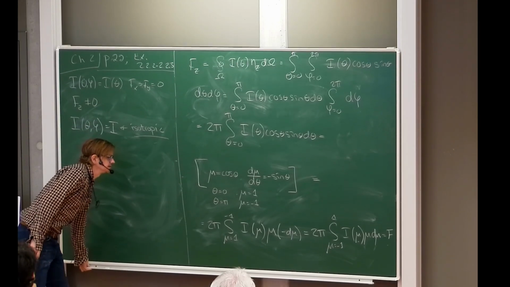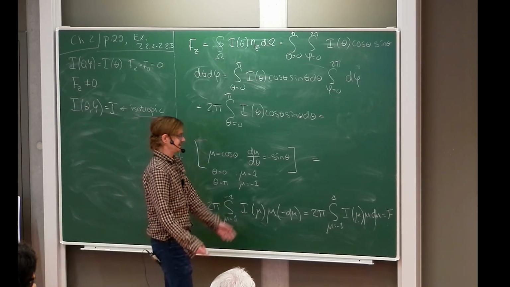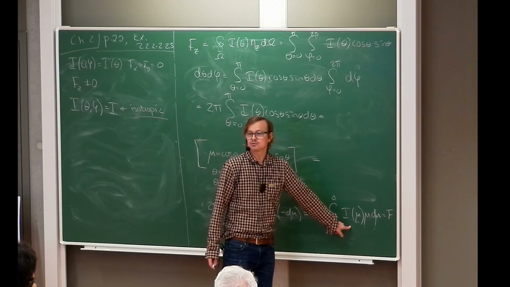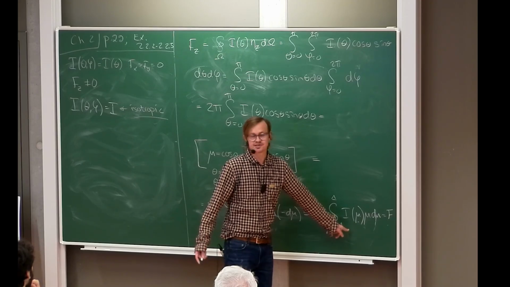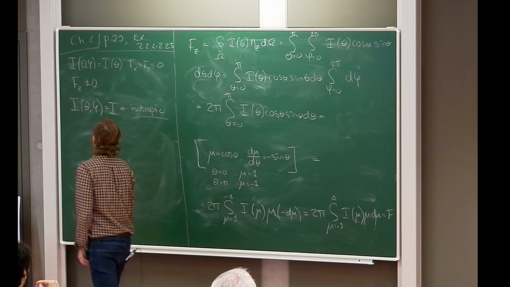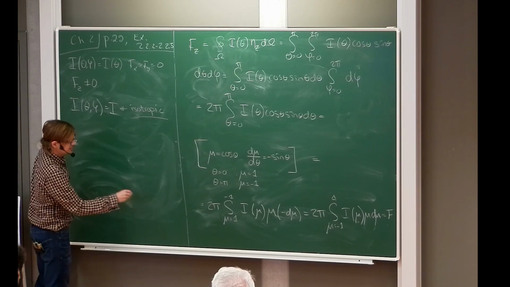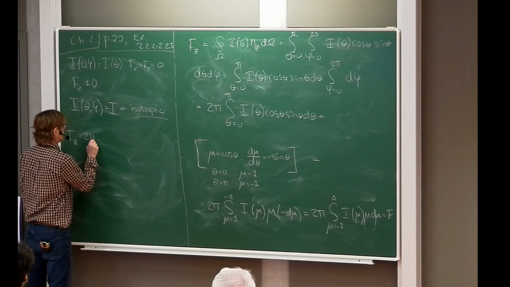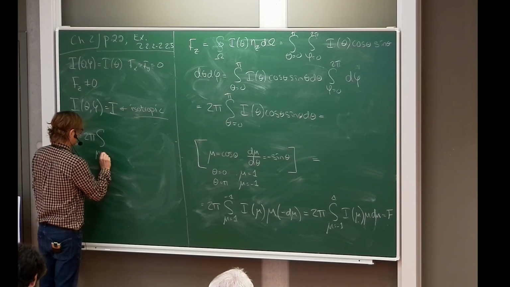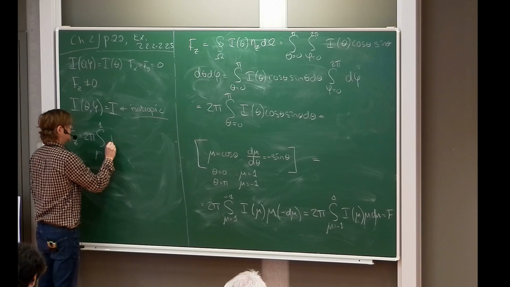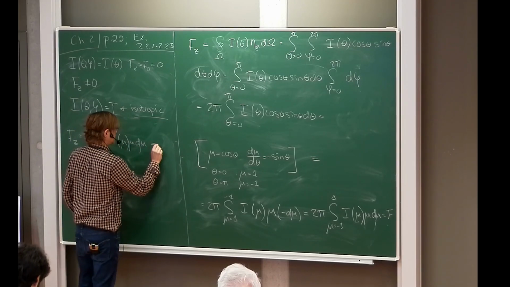Let's see then what happens in this expression. We can use this one now to get used to also the mu notation. We know that in this case, Fc then is 2 pi, and it was mu going from -1 to 1, I mu d mu.